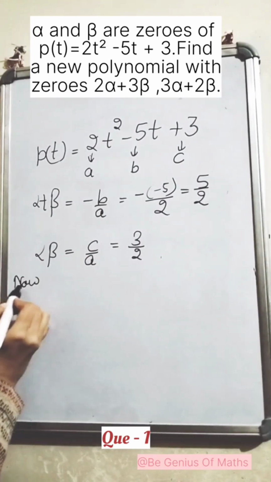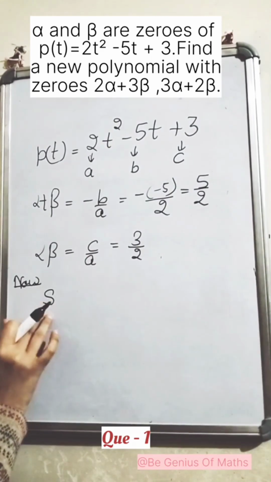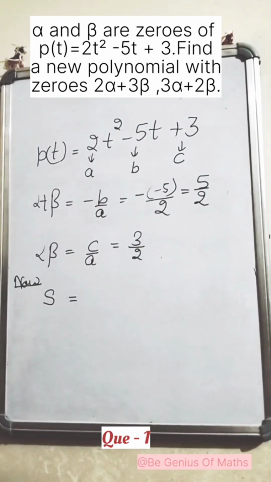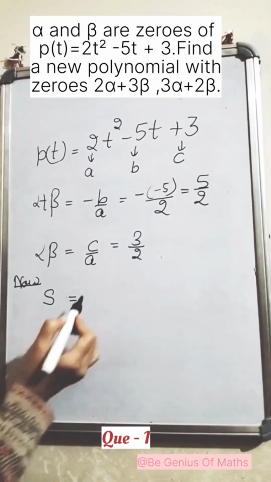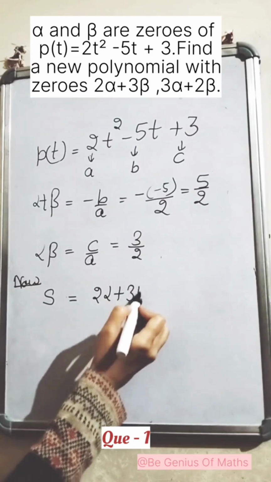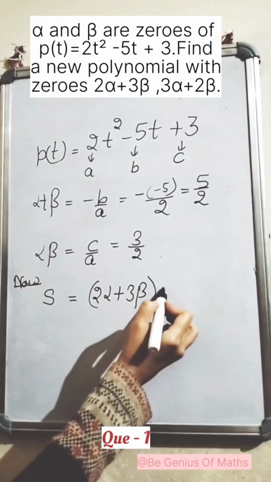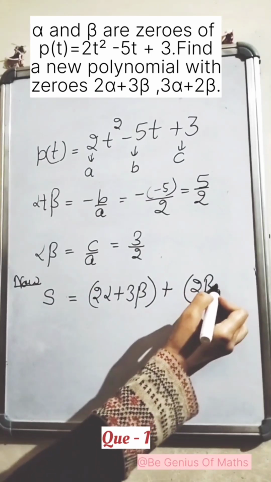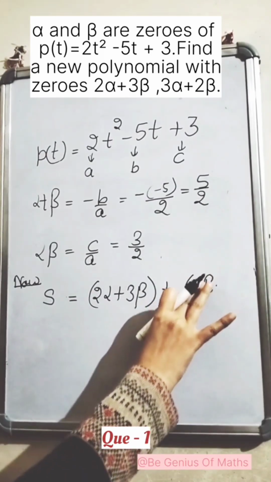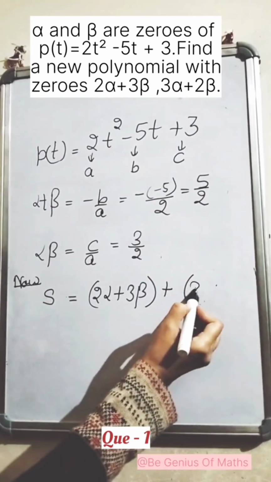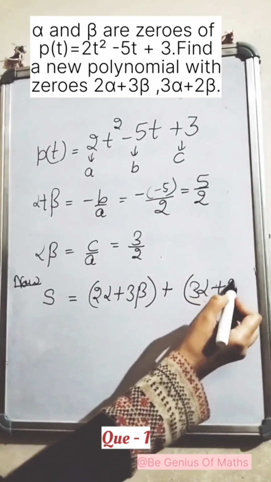Now we will find the new sum. For the new zeros, the zeros are 2α plus 3β and 3α plus 2β. So we will find the sum of the new zeros: 2α plus 3β plus 3α plus 2β.